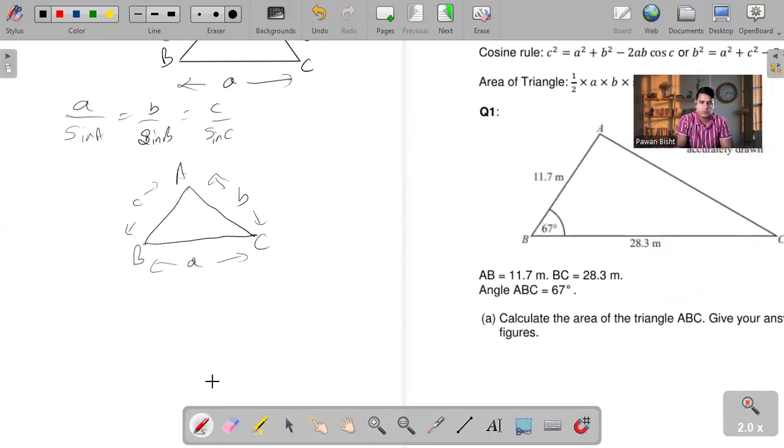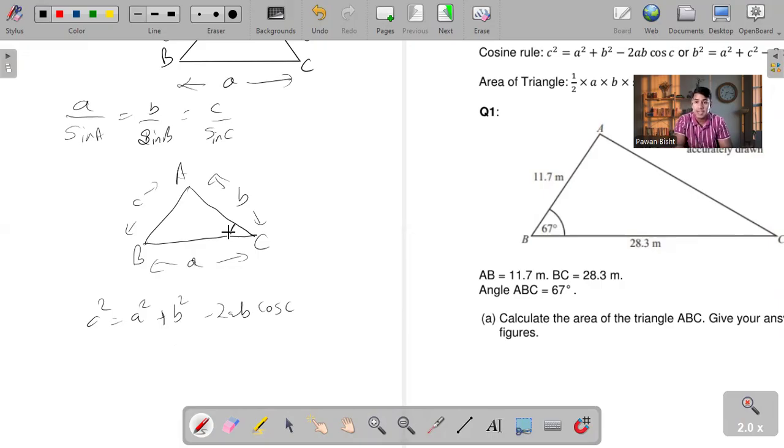So the formula will be c square equals a square plus b square minus 2ab cos C, right? So we apply cosine rule when any two sides are given and the angle between them is given and you have to find the third side. Means all the three sides are involved and one angle is involved.